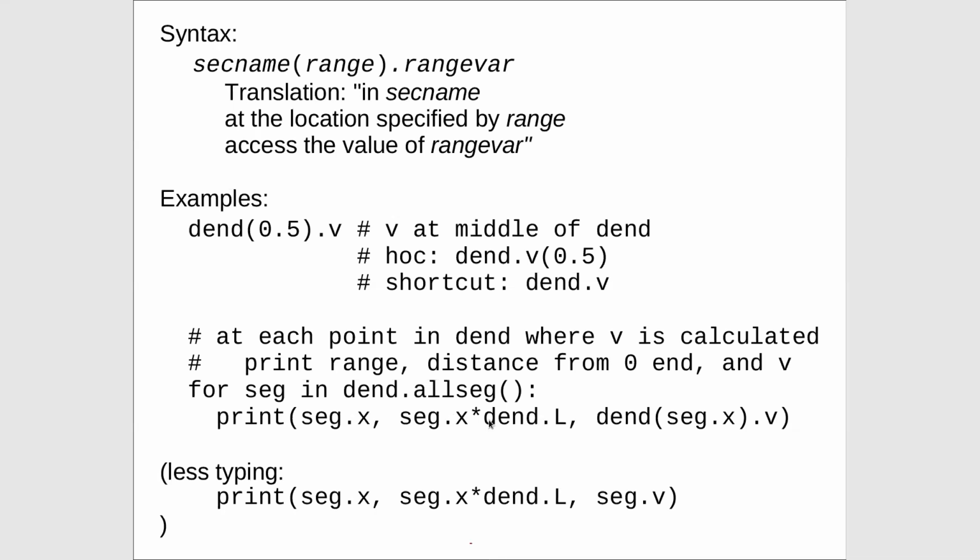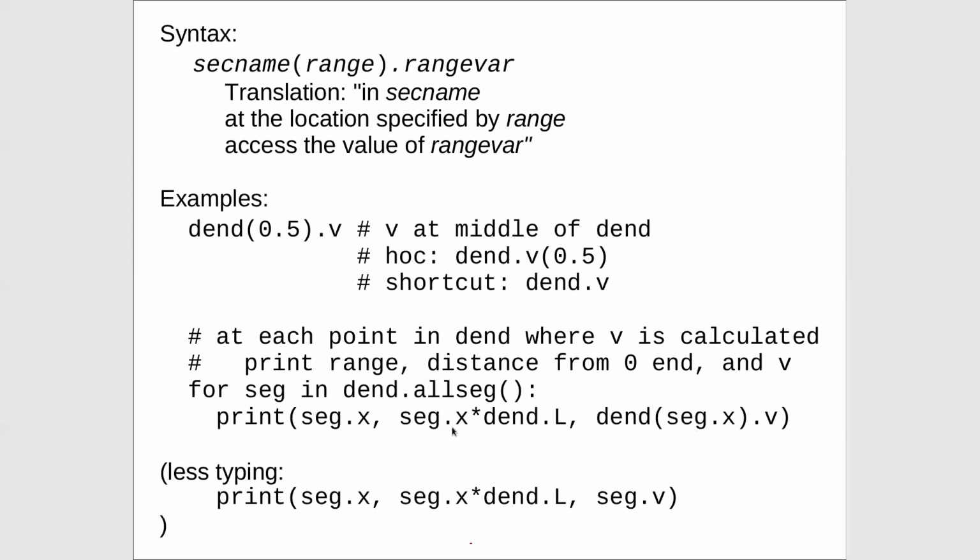And the product, of course, is then the anatomical distance from the 0 end. And this returns the value of membrane potential at dend in that location. Okay, because seg.x tells you the range of the midpoint of the segment. So for every segment, tell us the range value that corresponds to the midpoint of that segment. Tell us the anatomical distance of the midpoint of that segment from the 0 end, and tell us the membrane potential at that point.